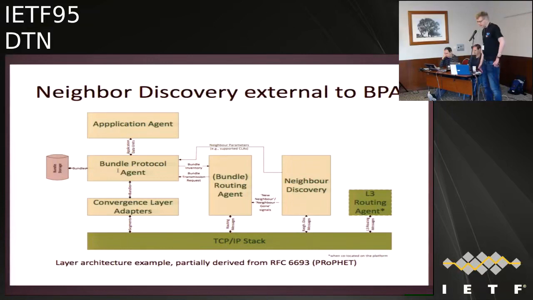Here the bundle routing, for instance the PROFIT routing protocol, talks directly over TCP, and is not going through bundles and convergence layers. And more to the right, the neighbor discovery is going directly over UDP. Next slide, please.